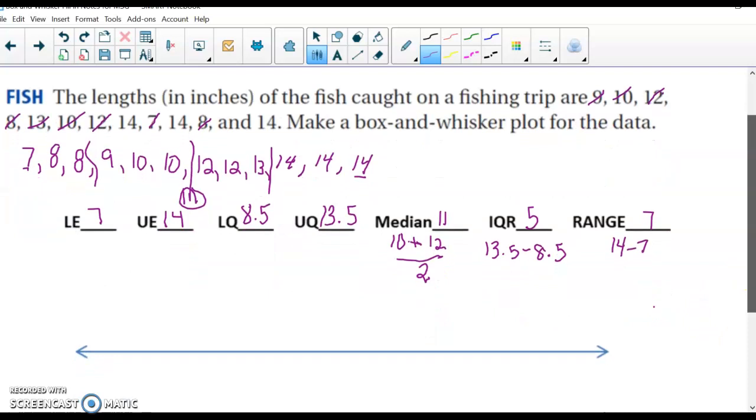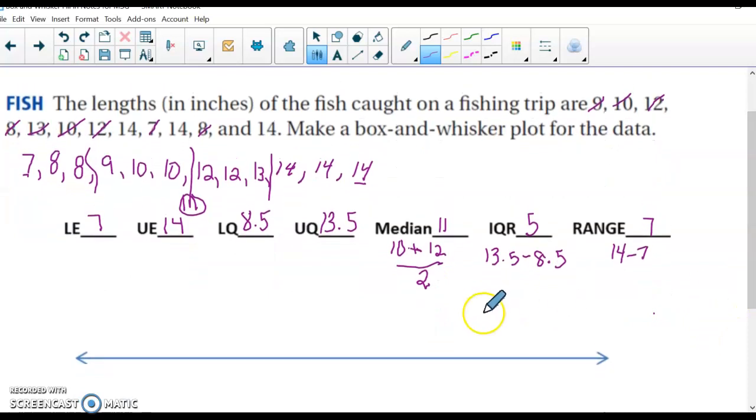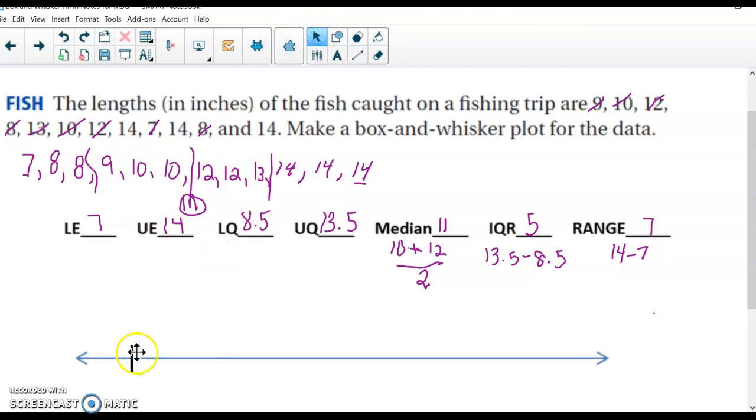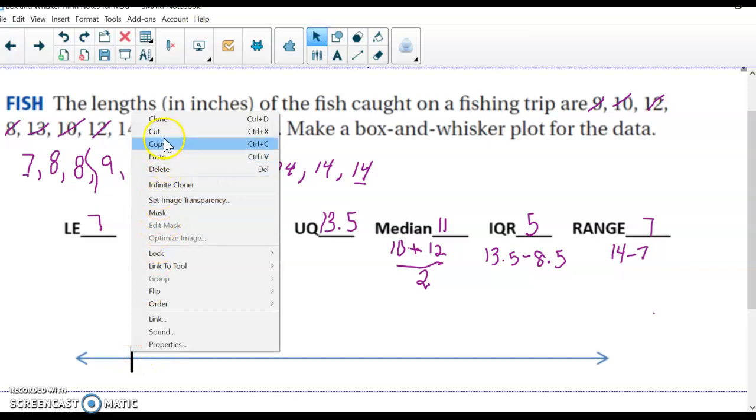Now we've got to figure out how we are going to go about drawing this. I see that my low is 7 and my high is 14, so I know that I am going to go by ones. So I'm going to put a line here, and I'm just going to copy this.